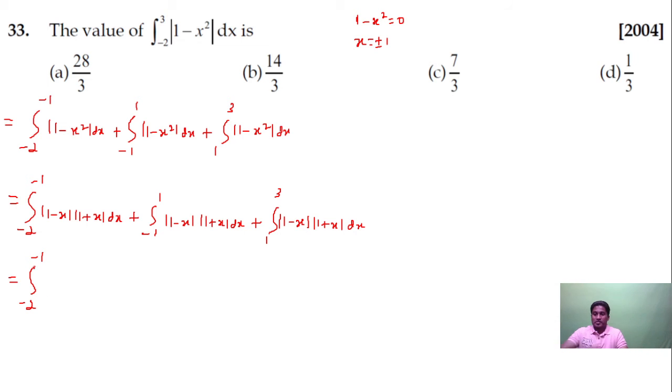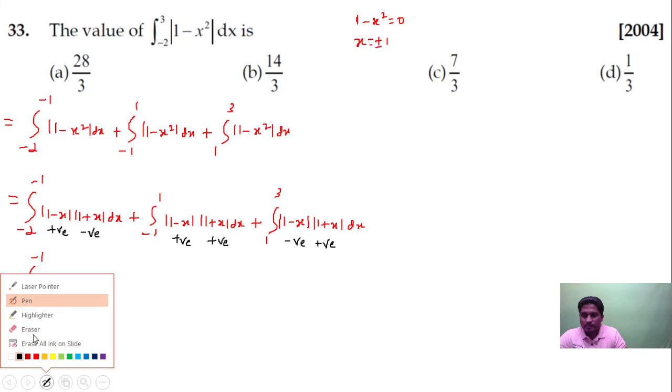Between minus 2 and minus 1, suppose I substitute minus 1.5, this will be positive, this will be negative. Between minus 1 and plus 1, if I substitute 0, both will be positive. Between 1 and 3, if I substitute 2, this will be negative, this will be positive.